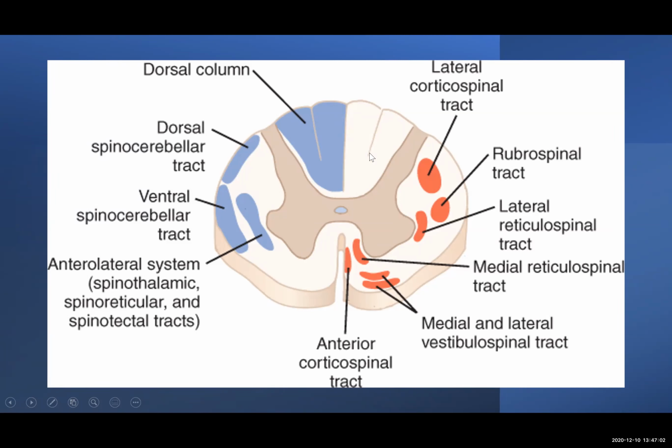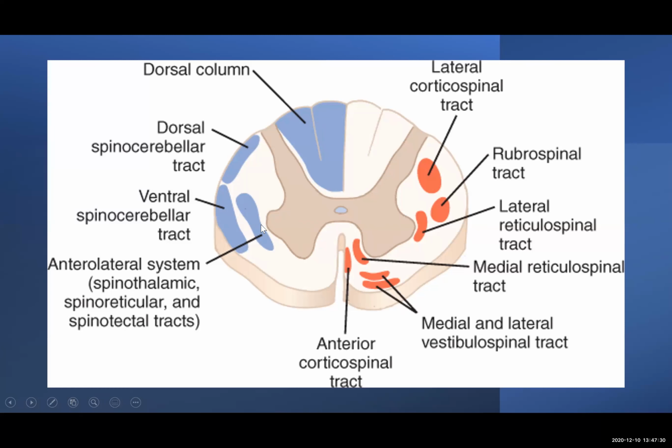The other thing that doesn't show super well on here is how we lay down in each one of these tracts. So if I'm looking at the corticospinal tract or the lateral spinothalamic tract, if you do an independent little cross section of that, you will see that the cervical segments are more medial, and then they start coming and laying down further out.